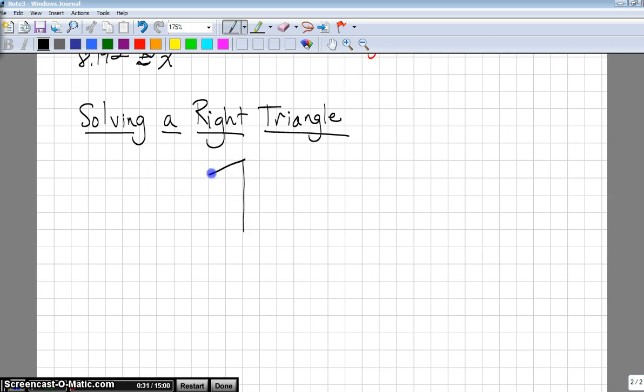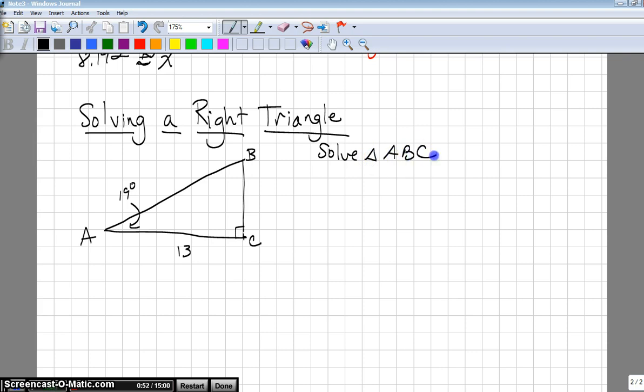Okay, so let's look at a right triangle here, where this angle is 19 degrees and this side is 13. So if we call this triangle ABC, we are solving triangle ABC.